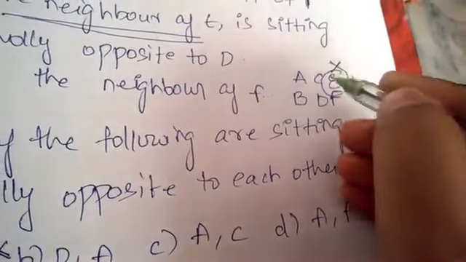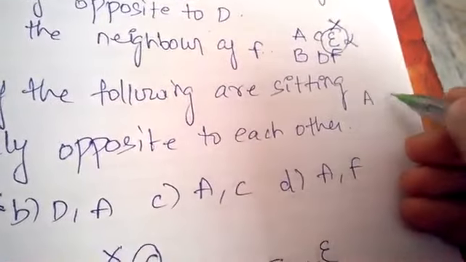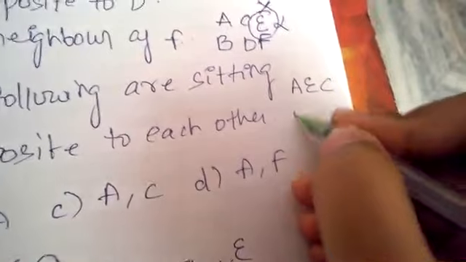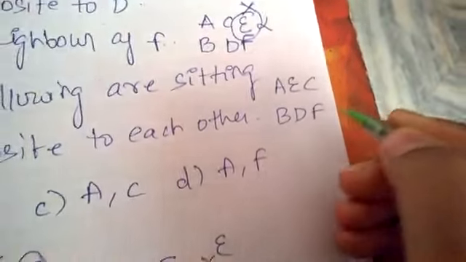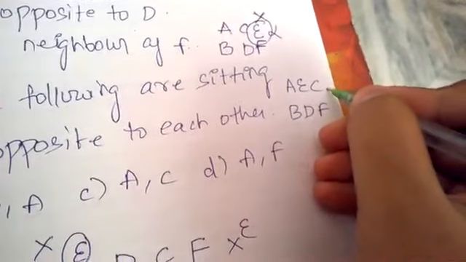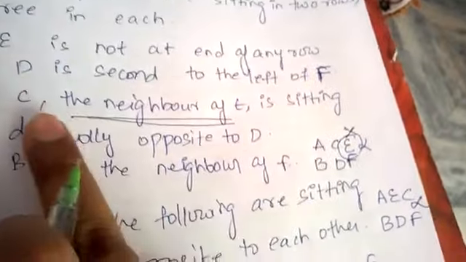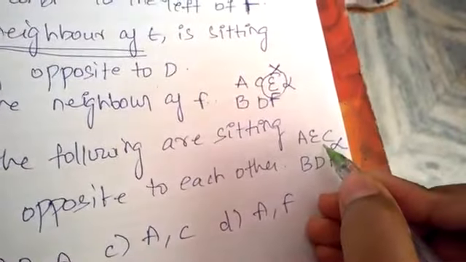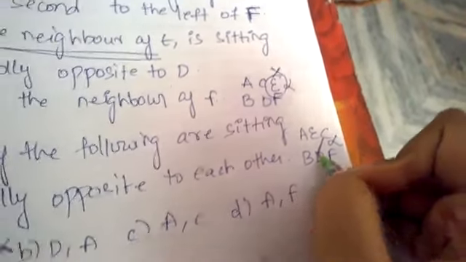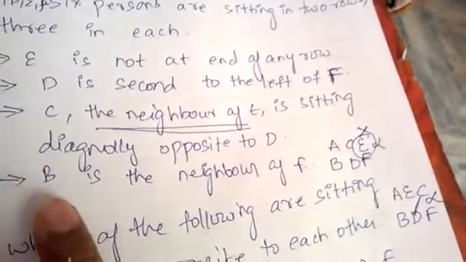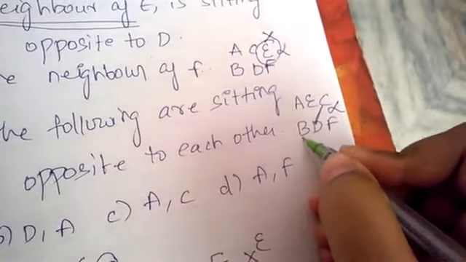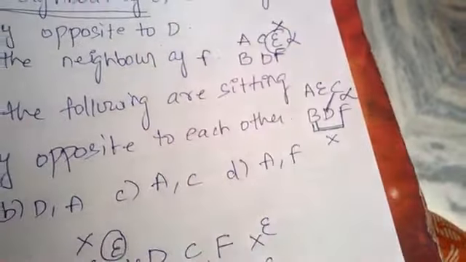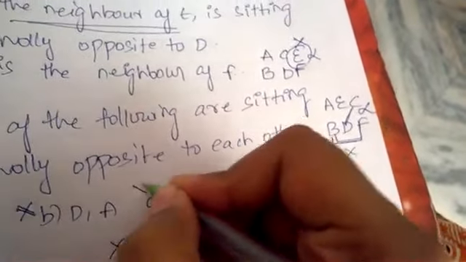Let's try something else: A, E, C, B, D, F. No, this is also wrong because we clearly know that C, the neighbor of E, is diagonally opposite to D, and B is the neighbor of F. This condition is not satisfied because these two should be side by side, but here it is not. So this is a wrong option.